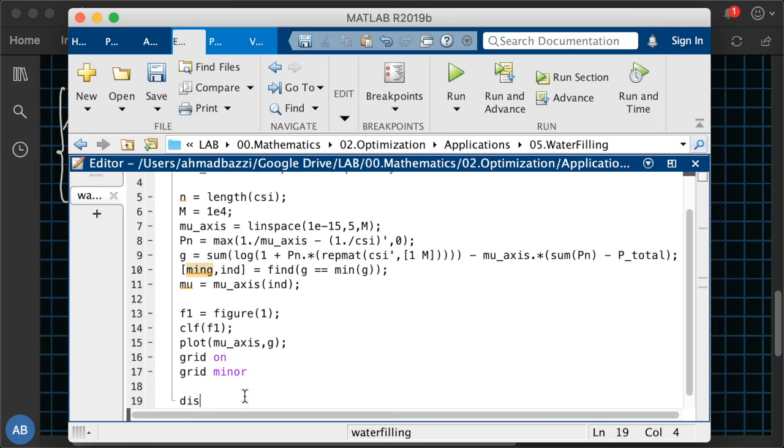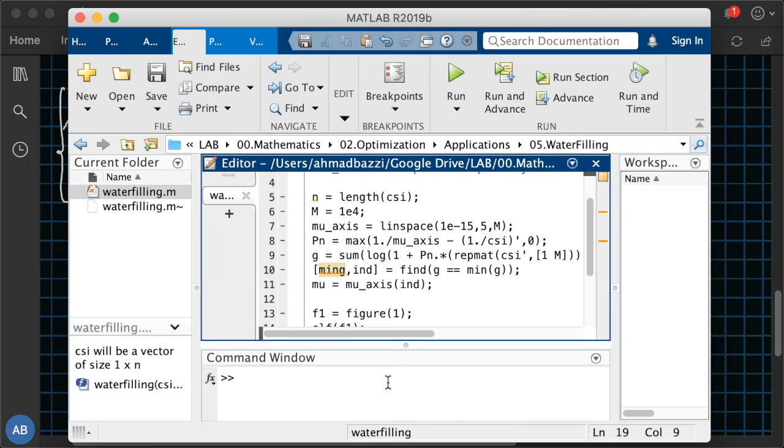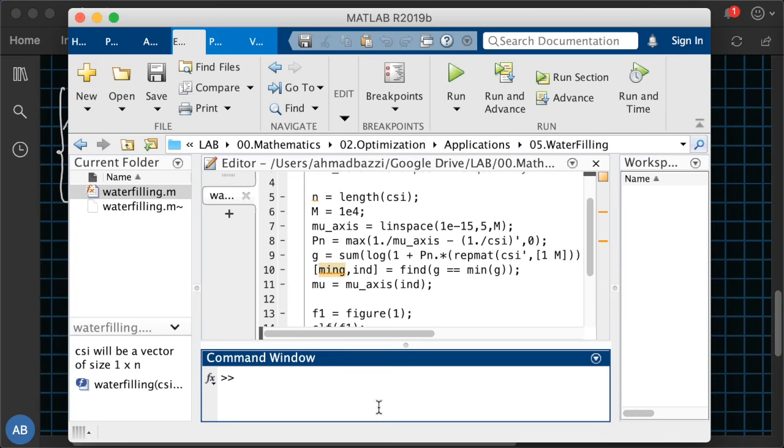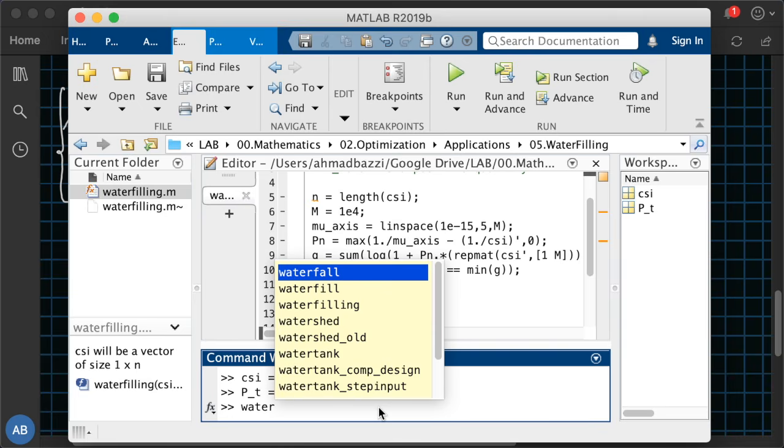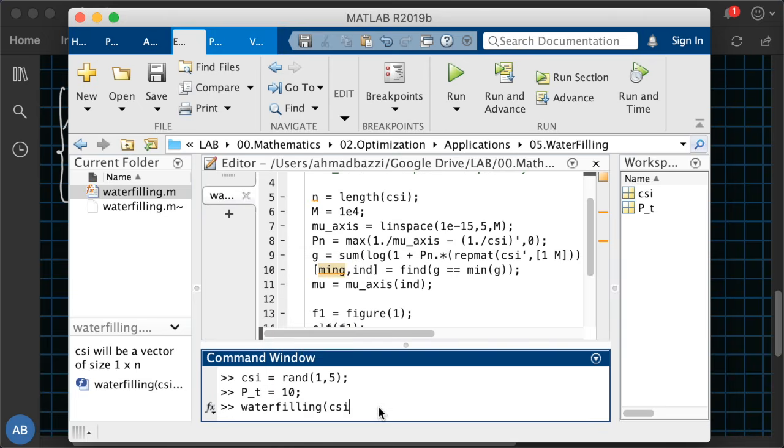So I'm going to display mu. So over in the command window, let's generate a random CSI. So say I've got 5 users. This is my CSI. And P total is 10. It's called water filling. Pass it CSI and P total.